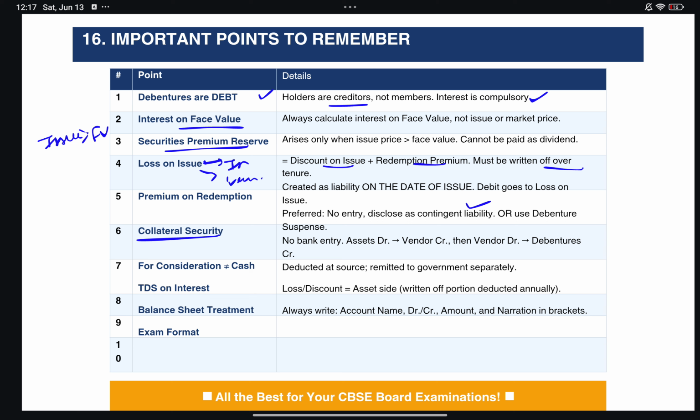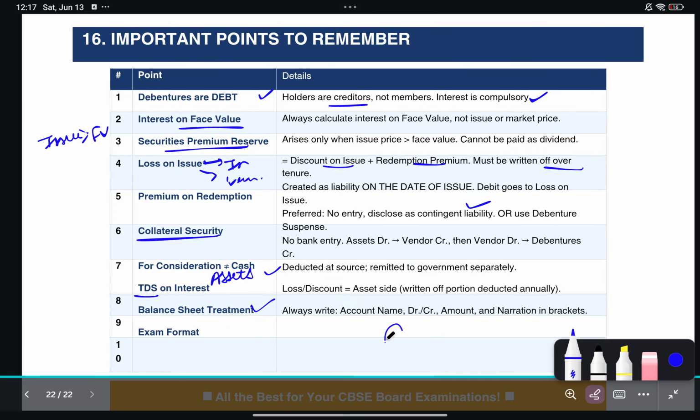We have also done consideration other than cash, that the company can issue debentures directly for any assets. TDS we have done, it will be deducted from interest payable. Balance sheet treatment, always depict all these items in the balance sheet, and hence your chapter is complete.